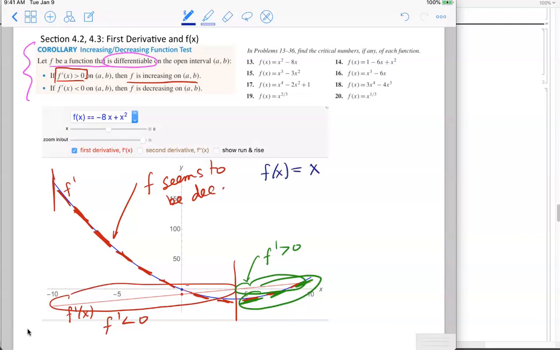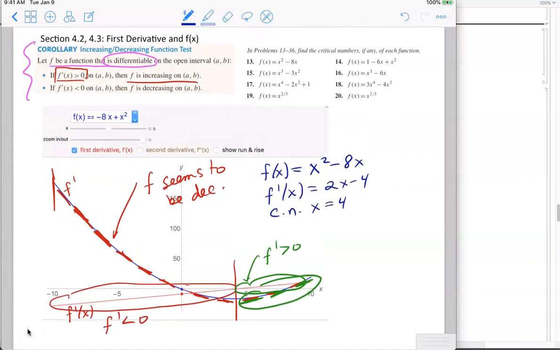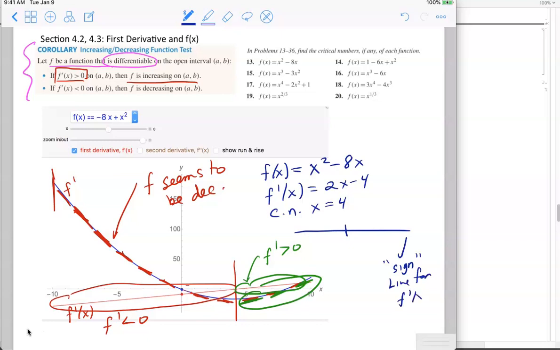In this function, x squared minus 8x, we found that the derivative was 2x minus 8, and in the previous example that a critical number was x equals 4. Then we can create what's called a sign line for f prime of x. On that sign line, you put the critical number x equals 4.